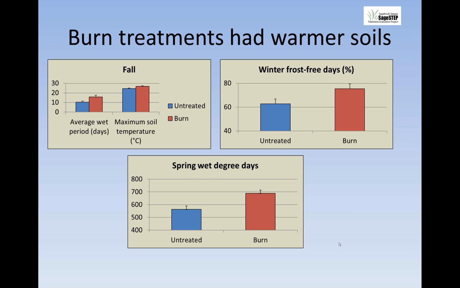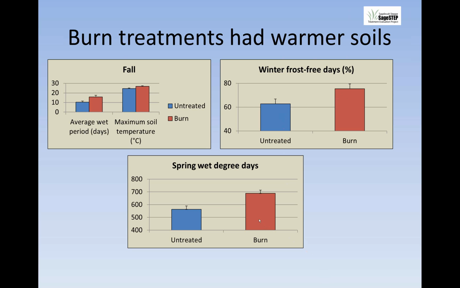So we're measuring soil moisture and temperature, so there ought to be something that correlates with that. And this doesn't explain all the variability, but we found that on the burn sites we have increased wet period in the fall and increased soil temperature in the fall, which would help fall germinated cheatgrass as a winter annual to do better. We also have greater winter frost-free days on the burn versus the untreated, and greater spring wet degree days.